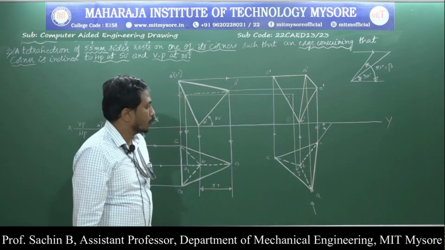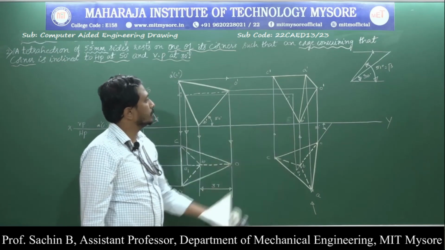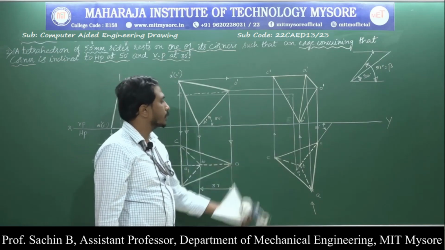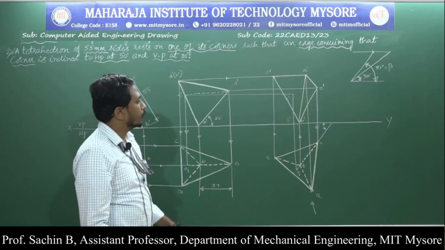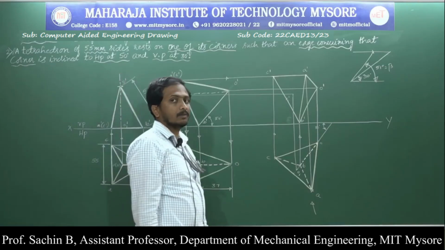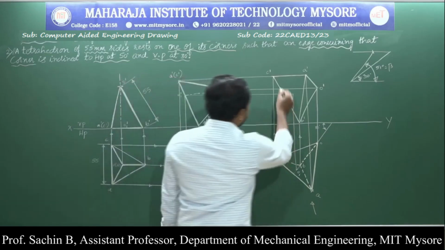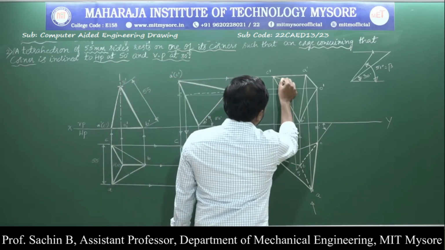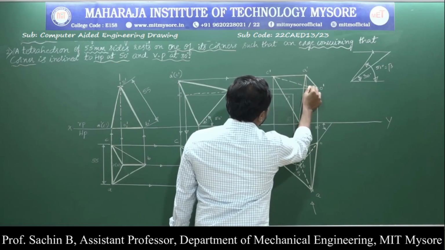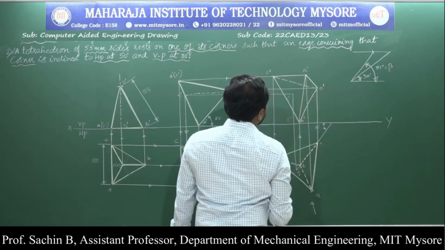Next, O to A is already visible, O to B is already visible, and the only invisible edge that is not visible for us is O to C, as it is far away from the observer. I will draw it with hidden lines, O to C.